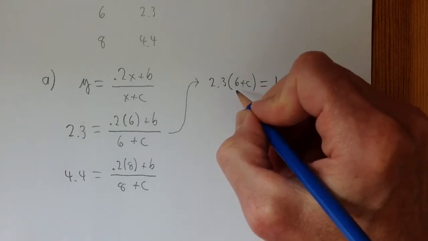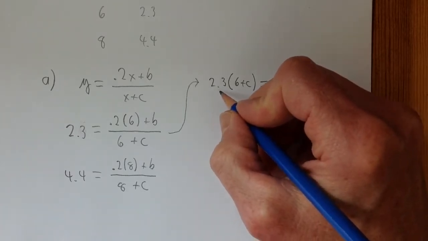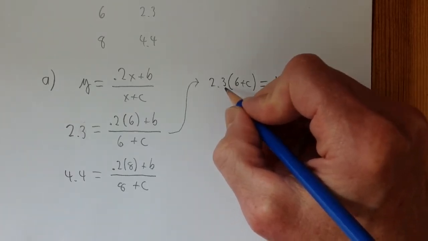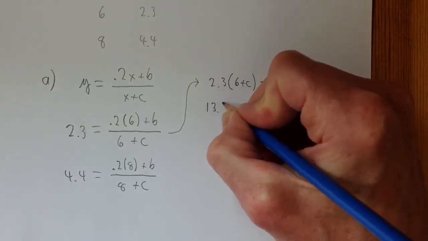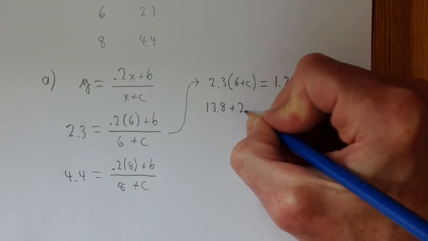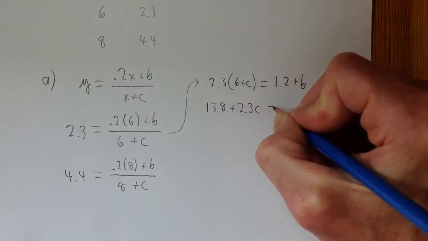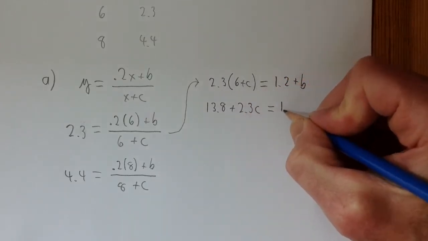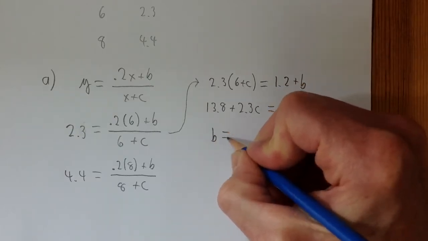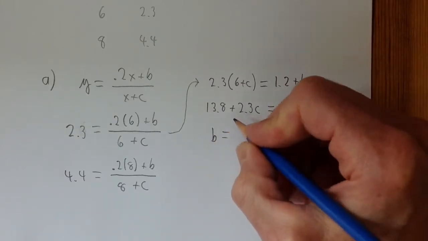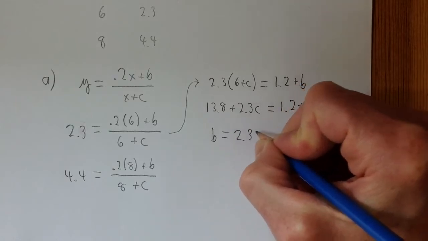So let's see, 6 times 2.3 is 13.8. 6 times 2 is 12. 6 times 0.3 is, yeah, I think that's right. 13.8 plus 2.3c is equal to 1.2 plus b, or b is equal to, put the 1.2 over there, 2.3c.